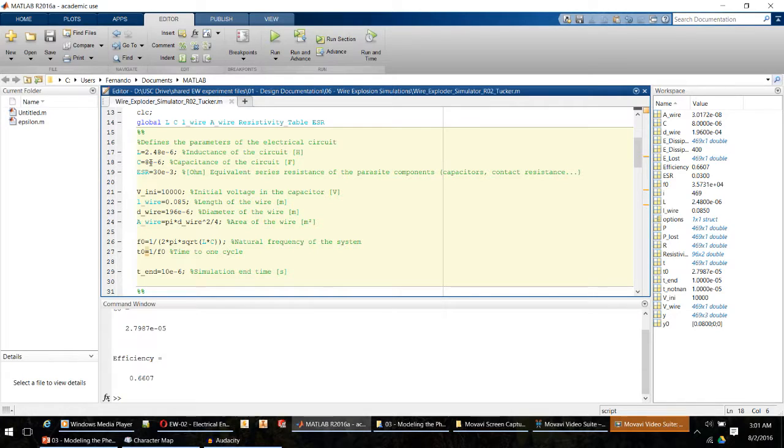So let's go to the other side, and let's come back to the initial condition of 2 microfarad and 20 kilovolts. So let's now divide the capacitance by 4, which means that the capacitance now becomes 500 nanofarads, and multiply the voltage by 2, which means we kept the energy the same, and now we have a 4 times faster system.